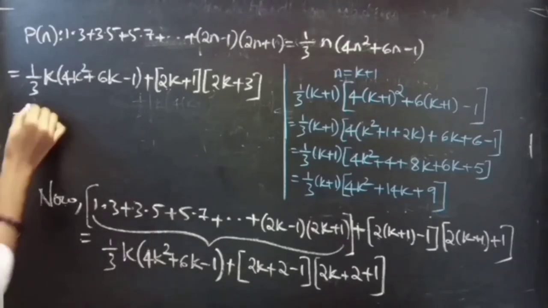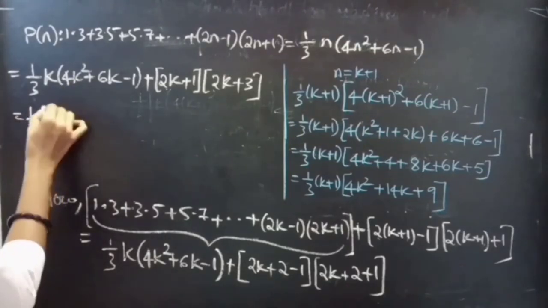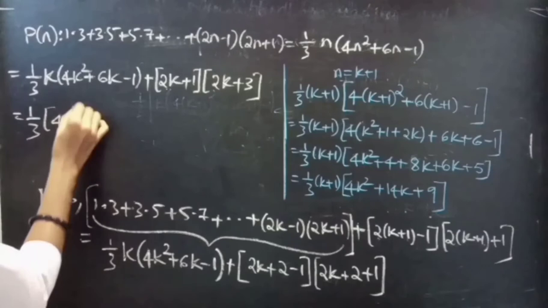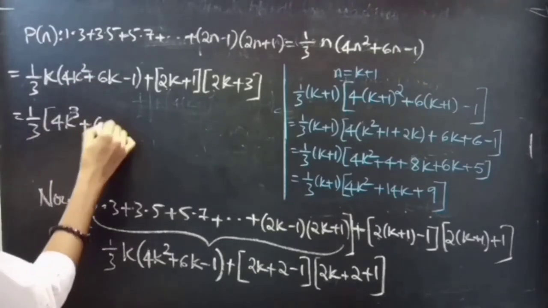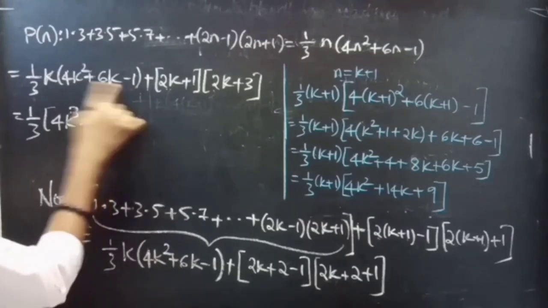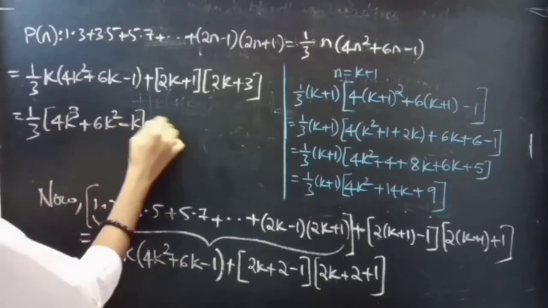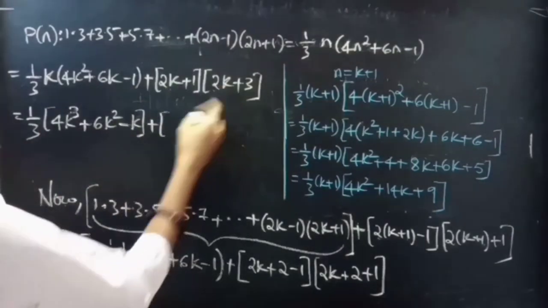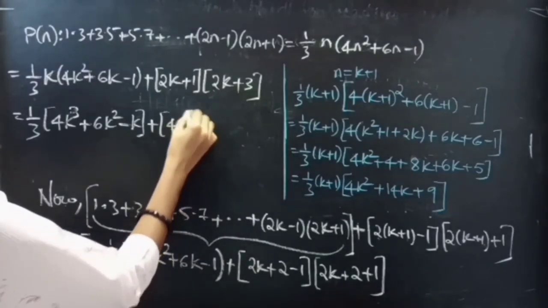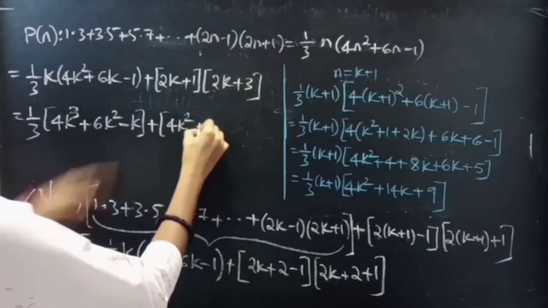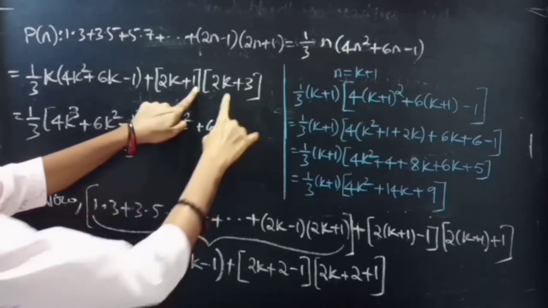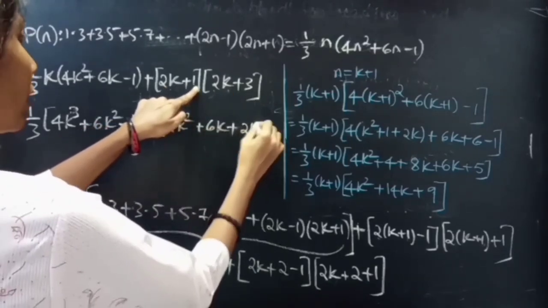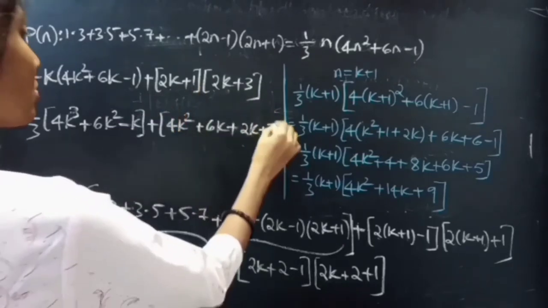This is equal to 1 by 3 into k into 4k square is 4k cube, plus 6k into k is 6k square, minus 1 into k is minus k, plus 2k into 2k is 4k square, plus 3 into 2k is 6k, plus 1 into 2k is 2k, plus 1 into 3 is 3.